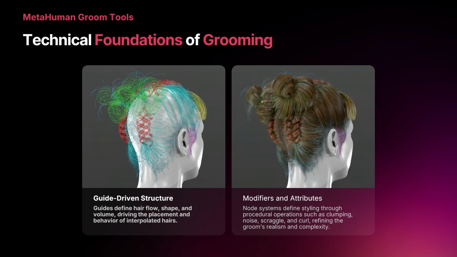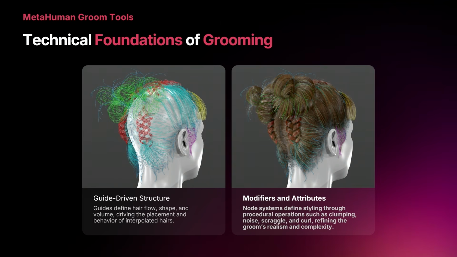So first of all, let's take a step back and look at the technical foundations of grooming. At the core of every groom is a guide-driven system. These guides define the flow, the shape, the volume of the hair, forming the basis for interpolated strands that make up the final groom to be rendered.